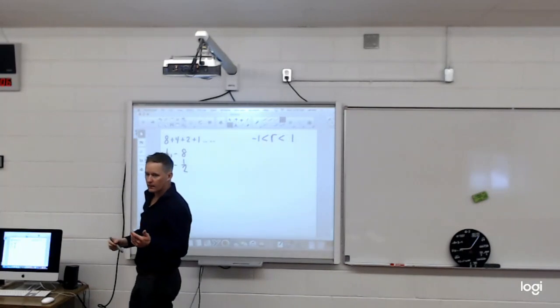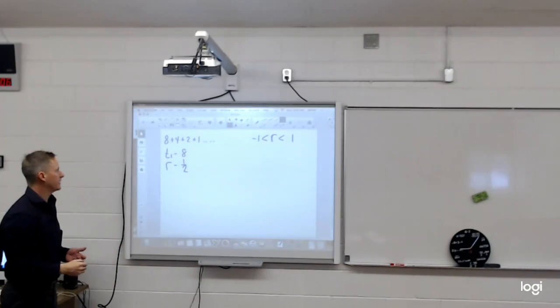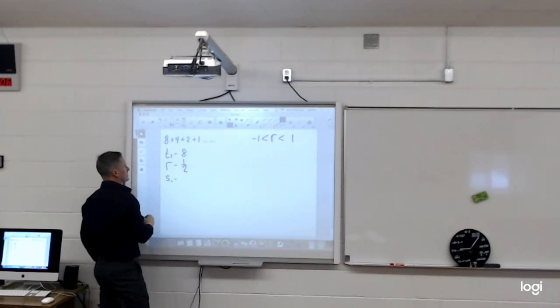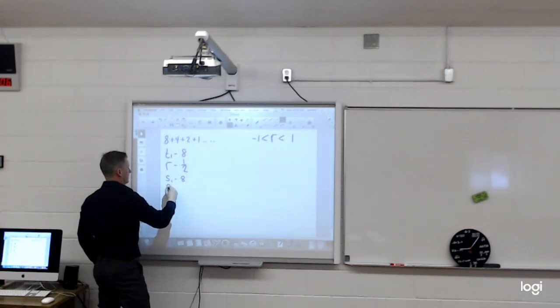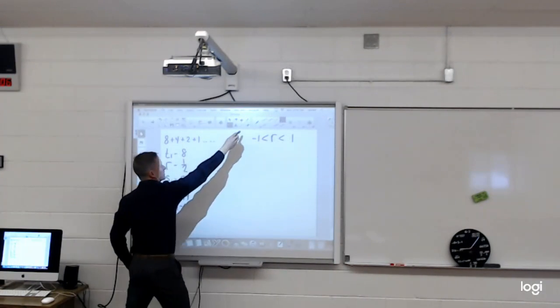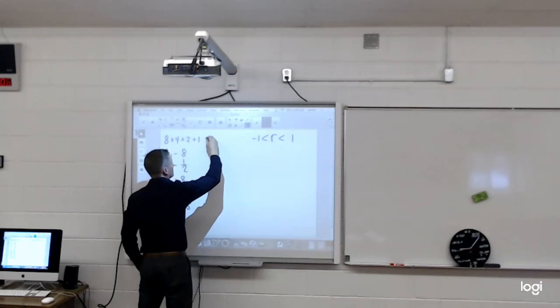Now, if I look at the sums of this infinite geometric sequence, so I'll start with S1, so 8, and then S2 is 12, S3 is 14, S4 is 15. I'm just going to extend this now.